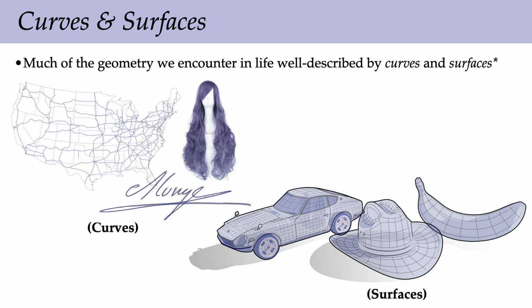You might also say in our day-to-day lives, solids also show up, three-dimensional bodies. But if we want to describe the specific shape of a three-dimensional body in space, really there's not a whole lot more we have to say than what is the shape of its boundary, the surface along its boundary.